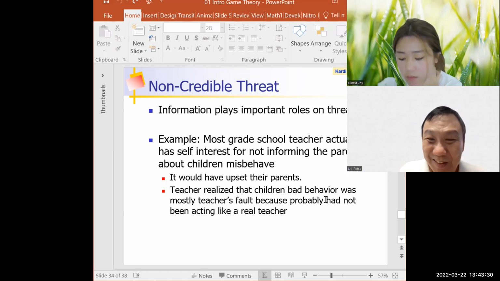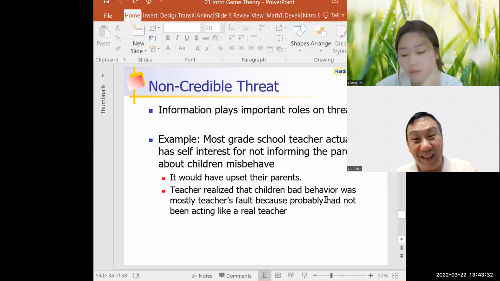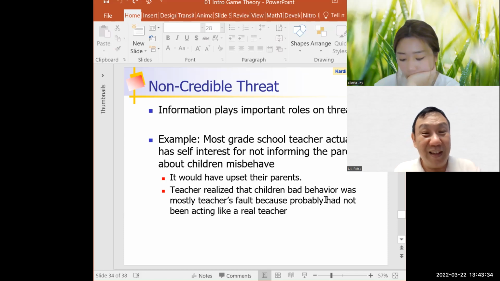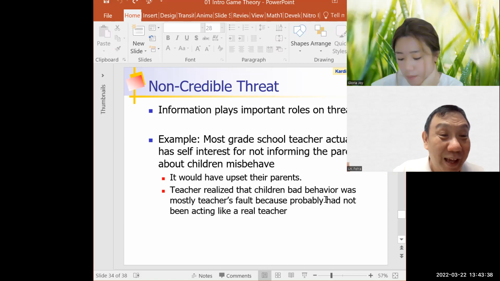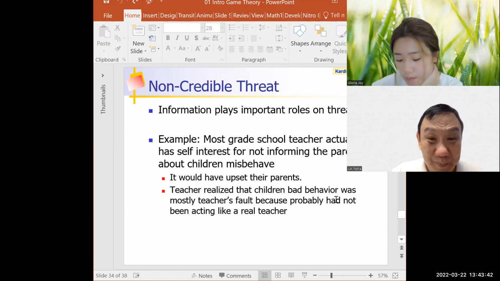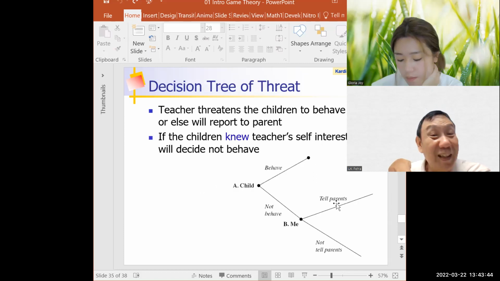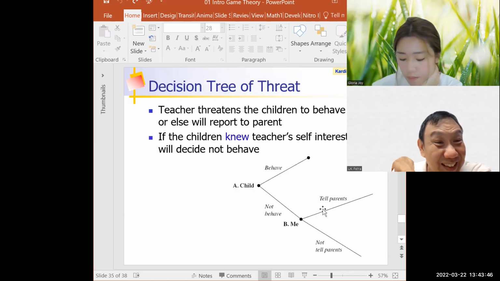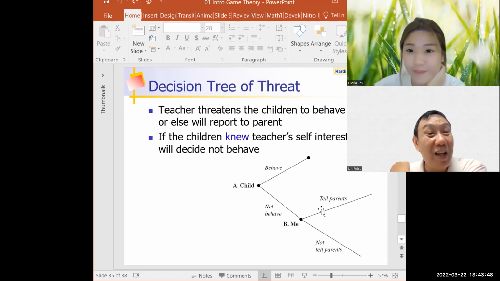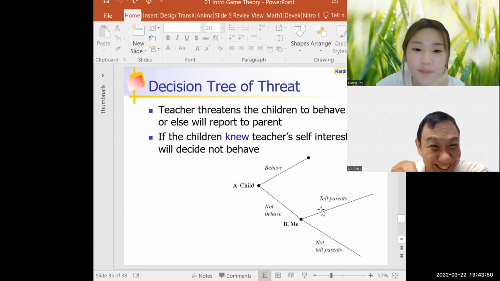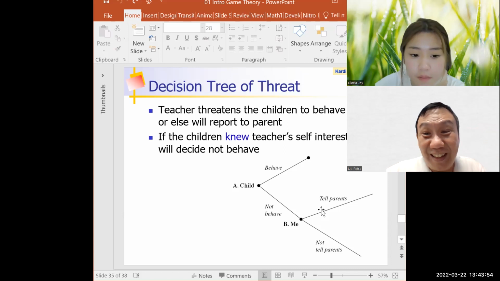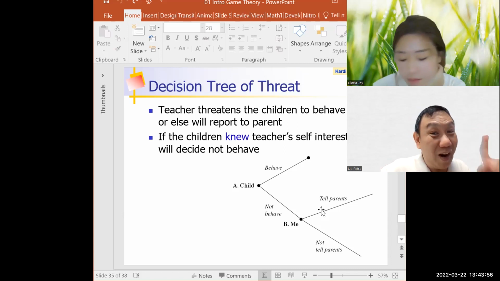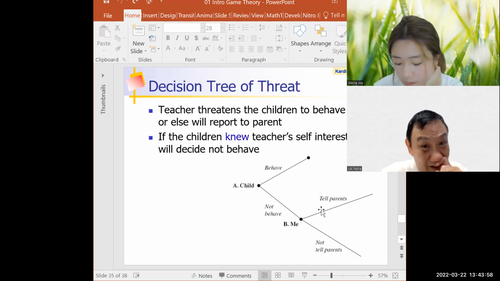So it's not within the self-interest of the teacher to tell the parent that the children misbehave, right? But the children do not know this. This is talking about information, okay? So the teacher still threatens the children to behave well, or else will report to the parent.